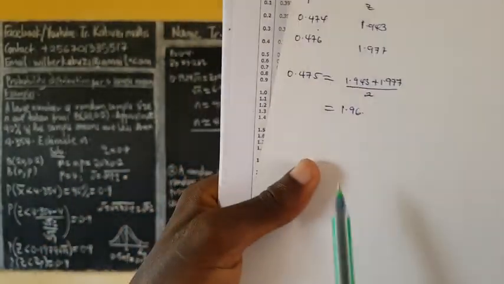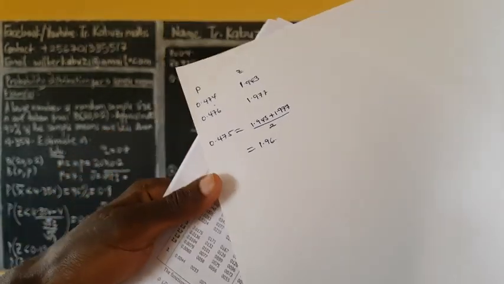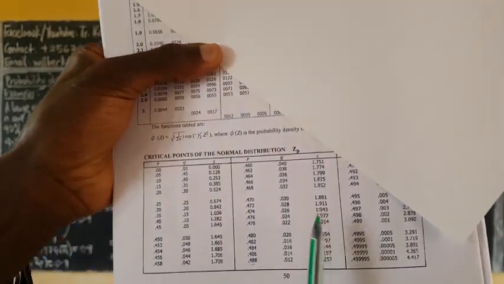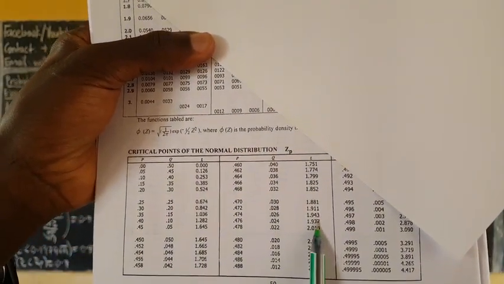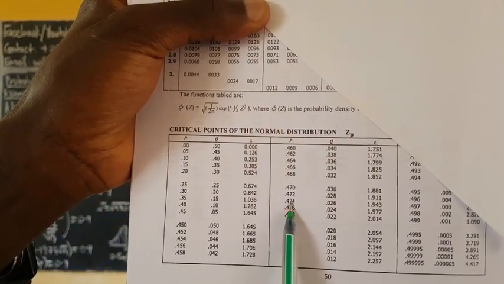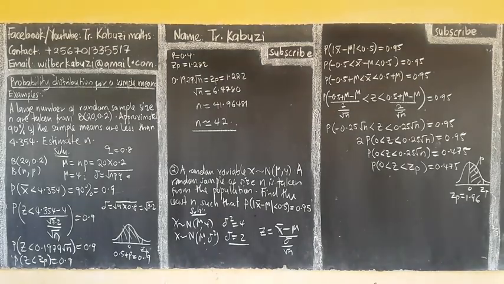The Z of the first one is this, then the Z of the second is this. You see that our 0.475 is between here. When you add them and divide by 2, you get the same answer.